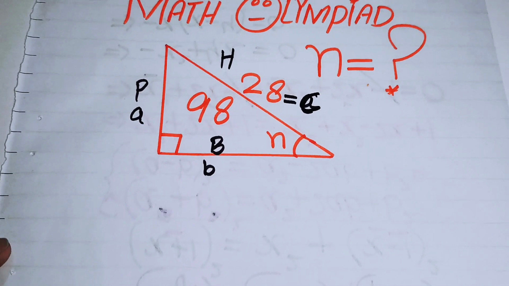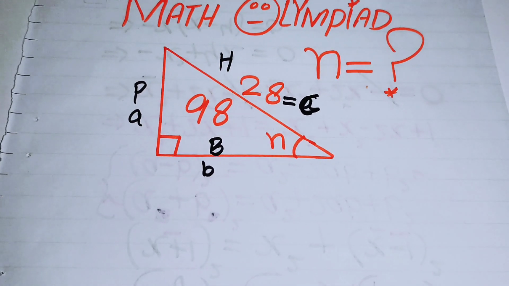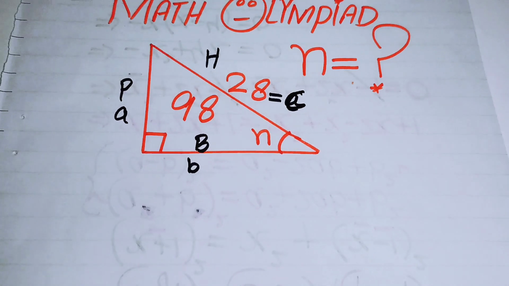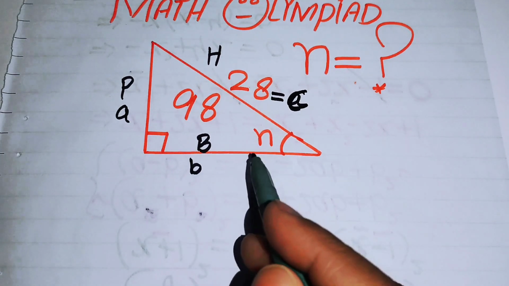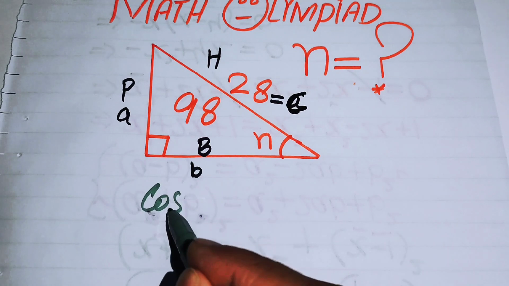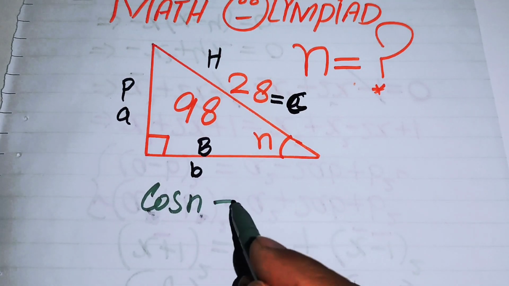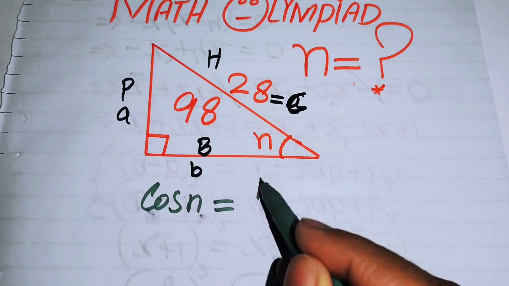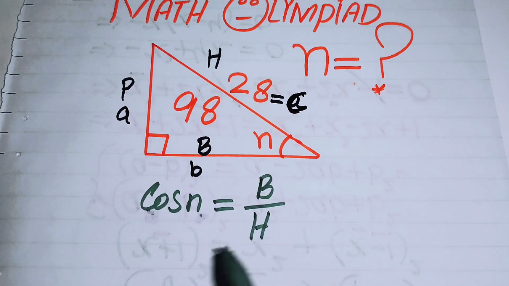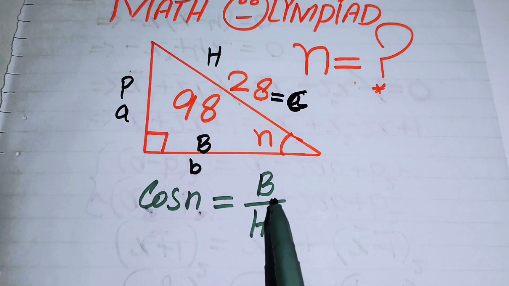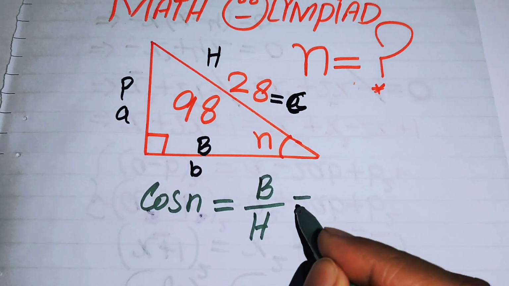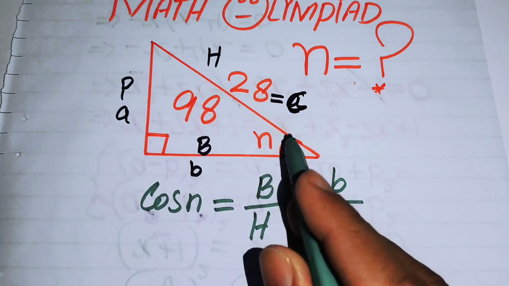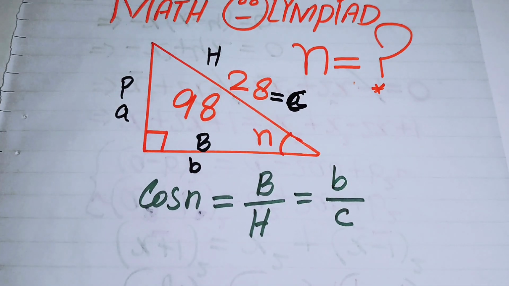In the next step, we know how we define the cosine of the angle n in a right triangle: cosine of the angle n equals base over hypotenuse. In this problem our base is denoted by small b and our hypotenuse is denoted by small c.